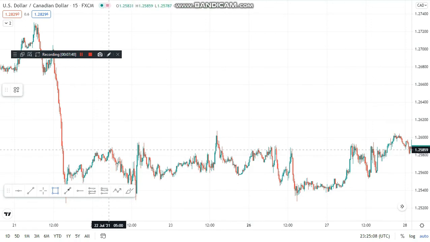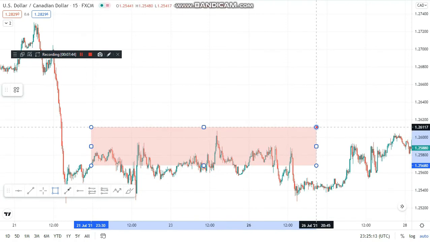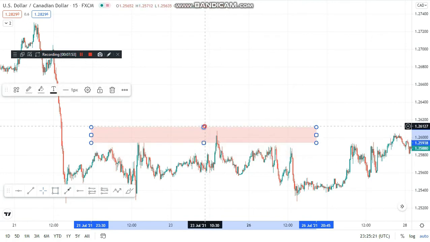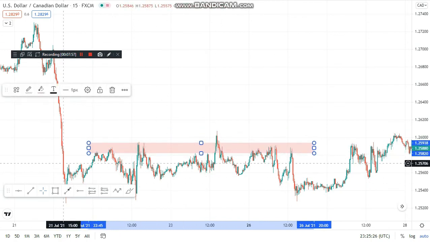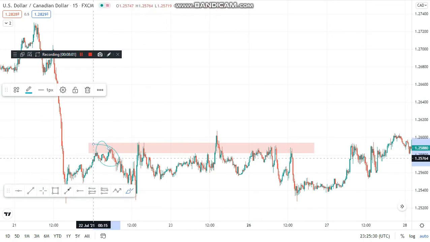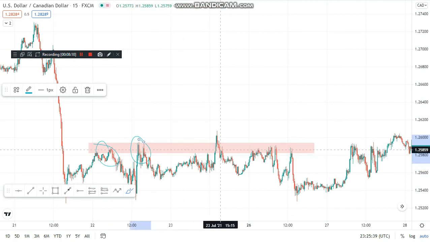This is the first touch, and then the second touch. Now, the first touch occurred there. Now it came down, and the second touch happened there. So all you have to do is wait for the second touch.